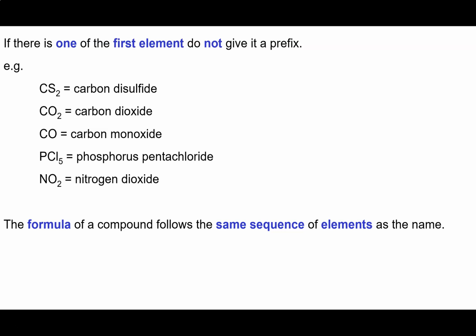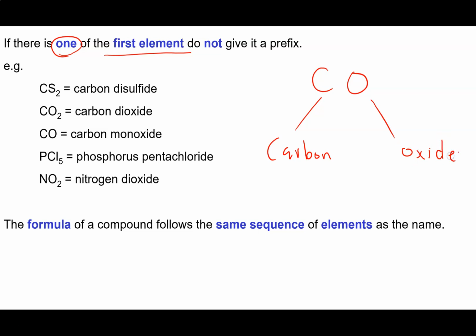There is one other little rule, that if there's one of the first element, you don't have to give it a mono. So in our previous example, we had the first element unaltered, the ending of the second element changed to IDE, and then we give Greek prefixes for our elements, but we don't need one for the carbon, because there's one of the first element and then one of the second one, so it becomes monoxide.